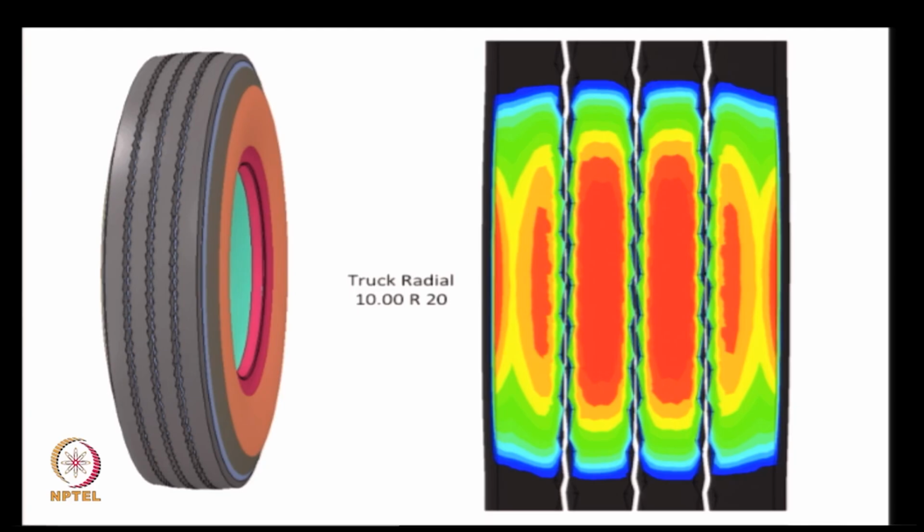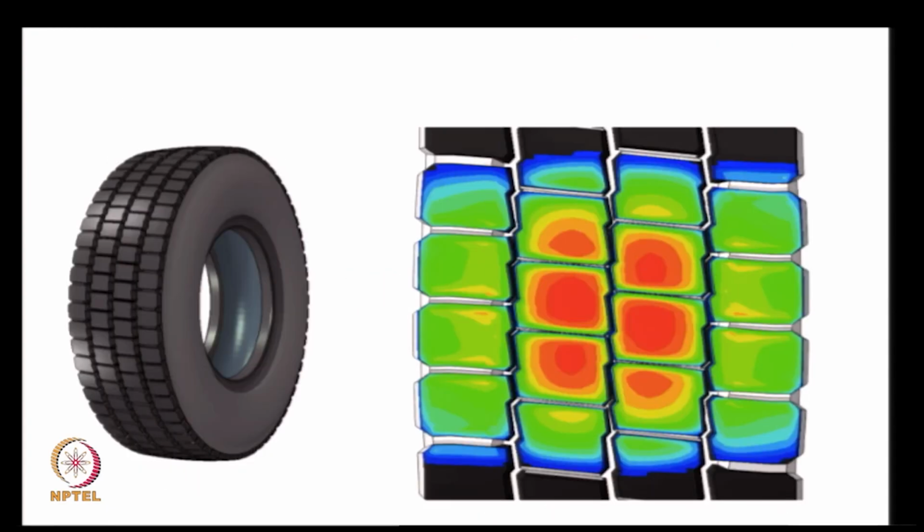This is a steer axle tire, and performs very well in the steer axle. So this is a rib tire, used in the steer axle, and that's a lug tire which is usually used in the drive axle, that's the rear. So these are rear tires, and the front is a rib tire.